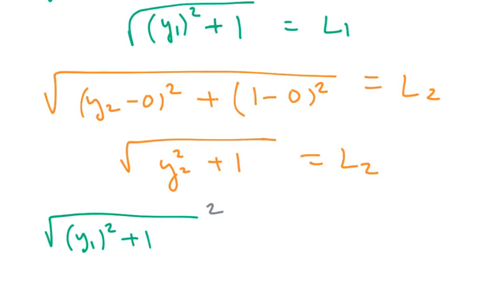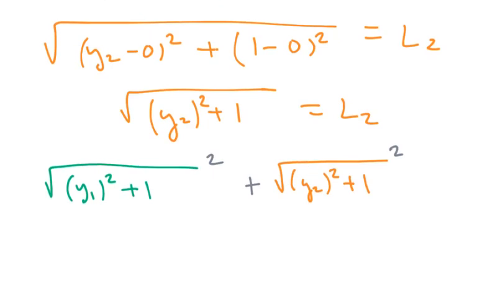For consistency, let me rewrite this one here as parentheses as well. Okay, so plus, we're going to do y2 squared, and this is going to equal, I'm running out of space here, to what?